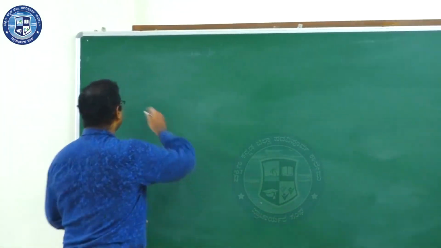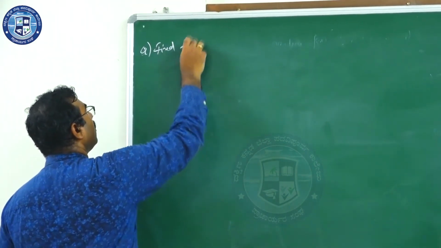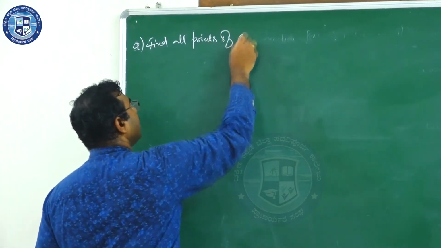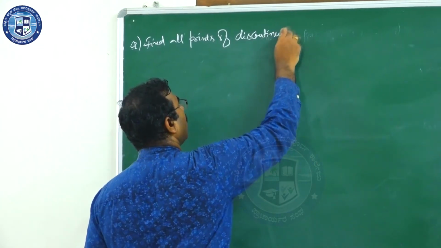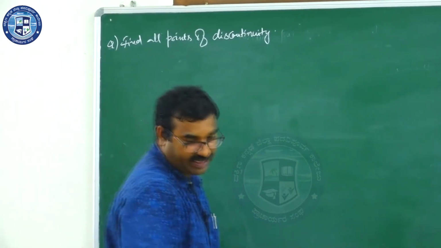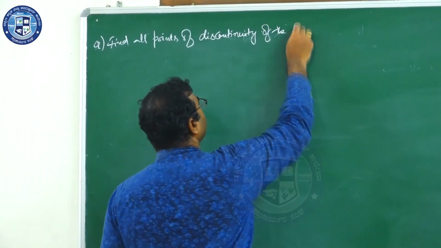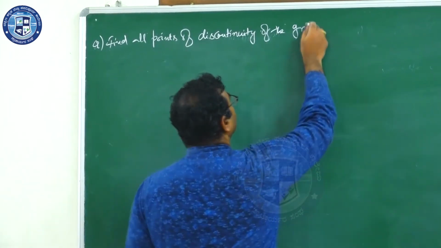Find all points of discontinuity of the greatest integer function.